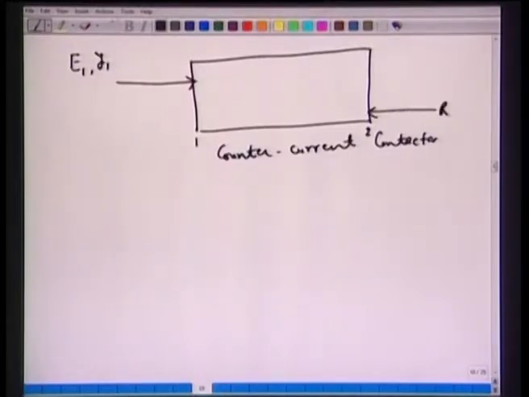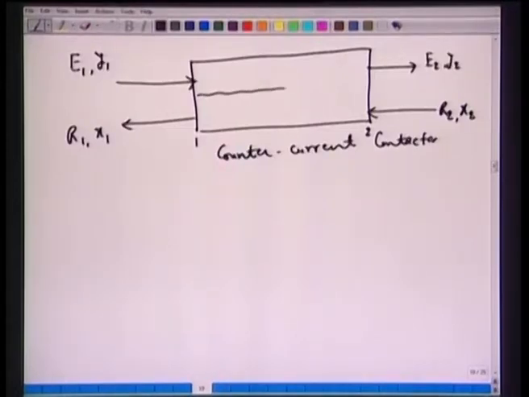So we have R2 and X2. So 2 means the second end. This stream enters here and leaves here. So this becomes now R1 and X1. And we have this stream which is now E2 and Y2.